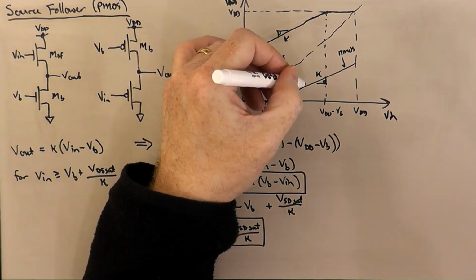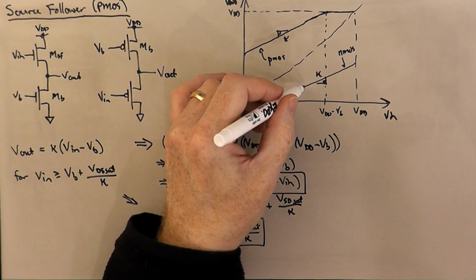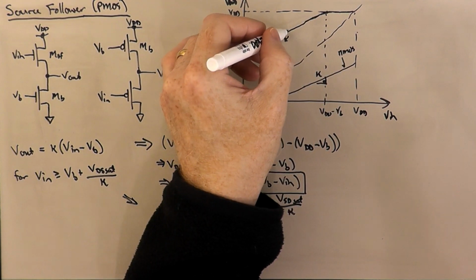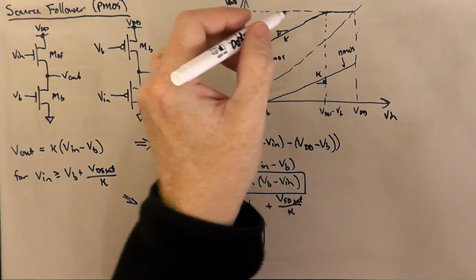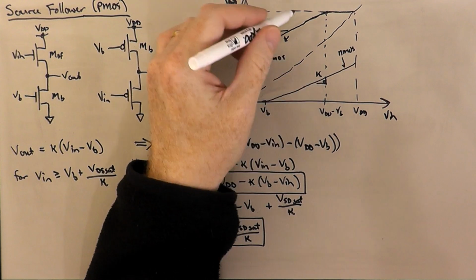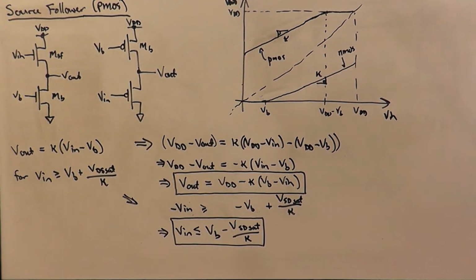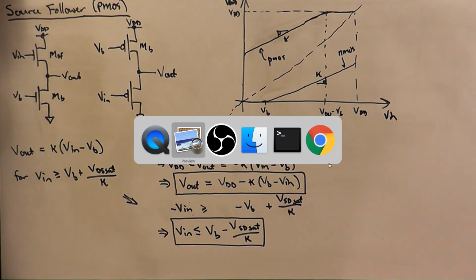So up from ground would get us some x value here, and down from VDD would get us a corresponding x value, and the output down from VDD. Okay? So that is the NMOS and the PMOS source follower, and that is going to do it for this segment.